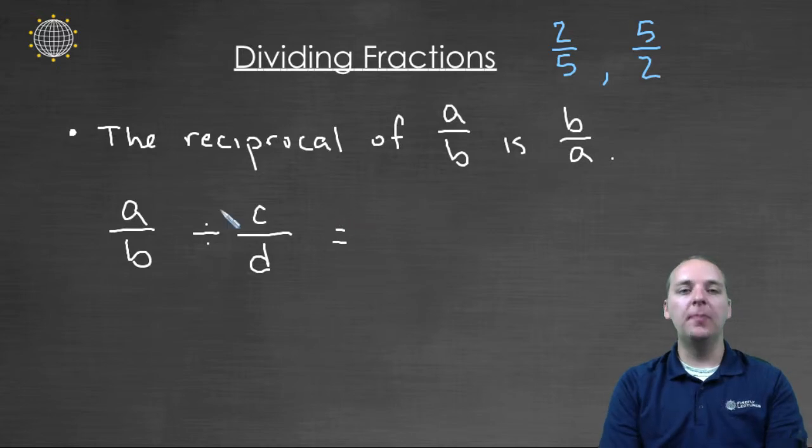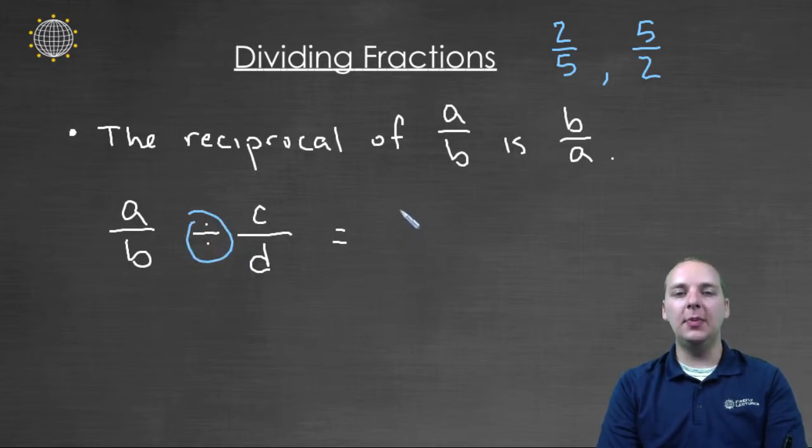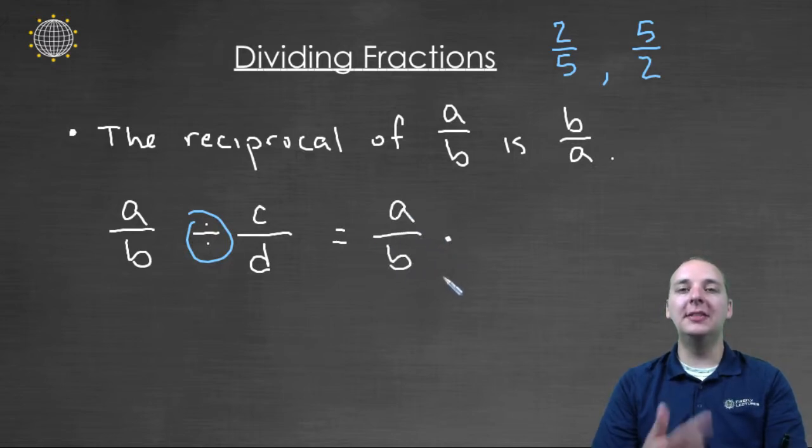So anyway, here we go. Let's say we have one fraction a over b and we want to divide that by the fraction c over d. Well, in actuality, the way we get our answer is we don't divide at all. This is actually the same as saying a over b times the reciprocal of the divisor. The divisor is the second fraction, so the reciprocal is d over c.